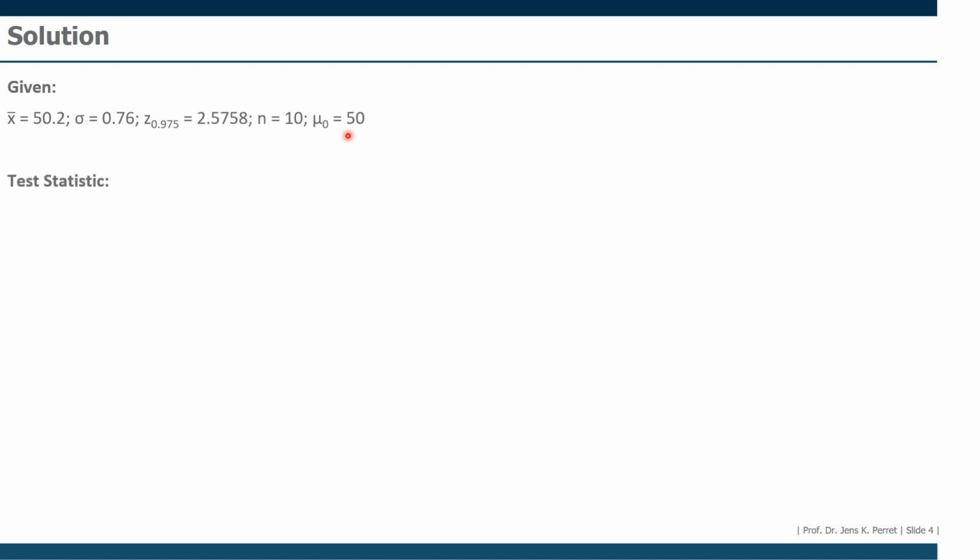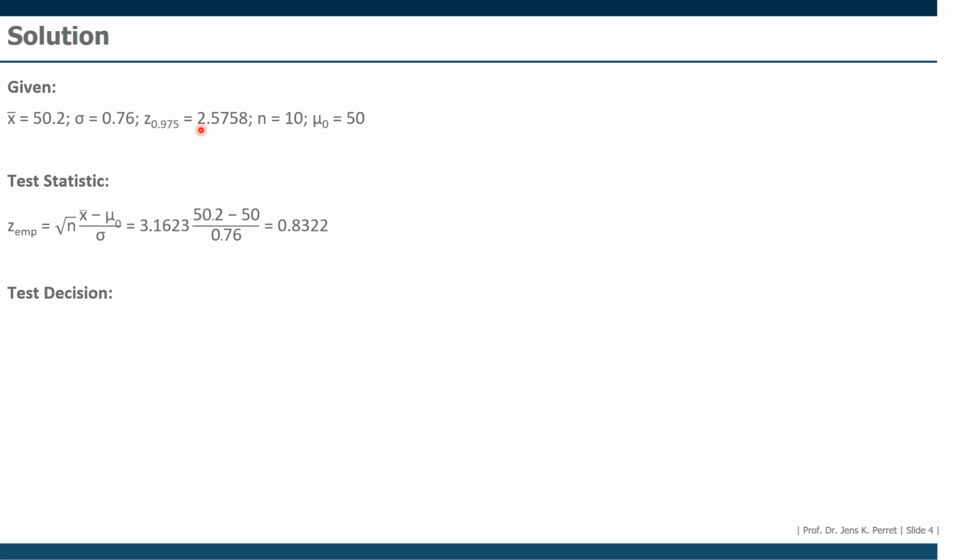In the next step, we're going to calculate our test statistic, which is relatively straightforward: the square root of the number of observations, so we're using the 10 here, times the difference between arithmetic mean and test value, so 50.2 minus 50, divided by the standard deviation, which we already have from the text. Doing this yields a test statistic of 0.8322.